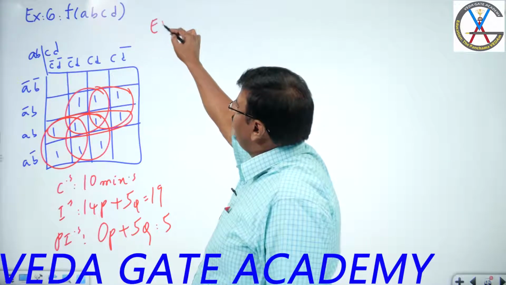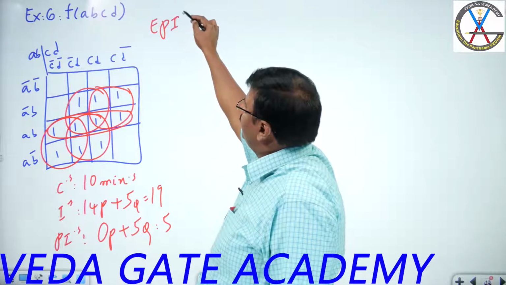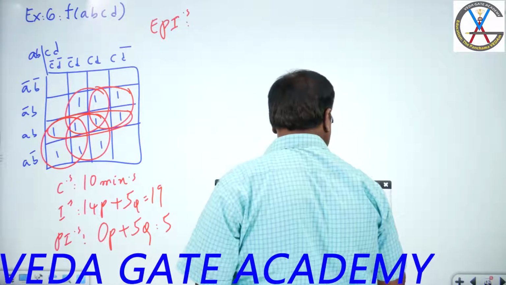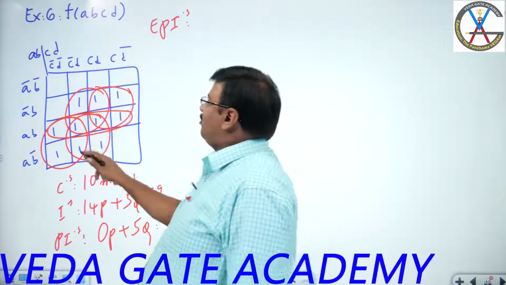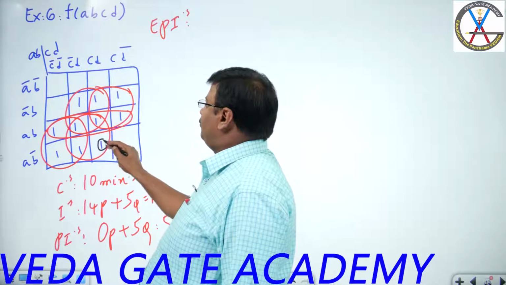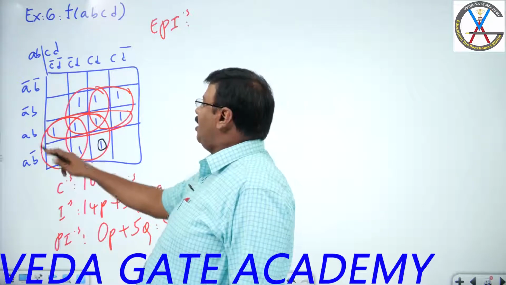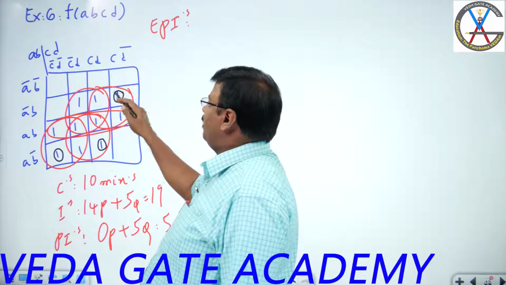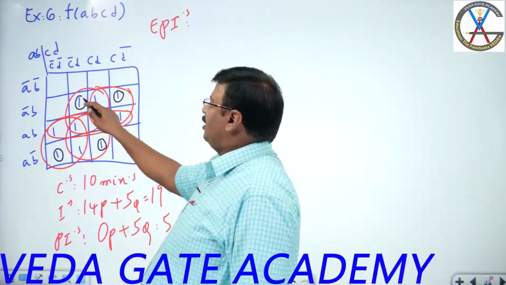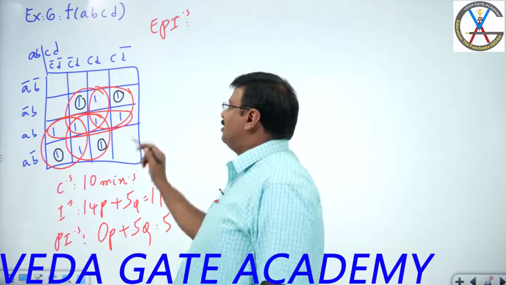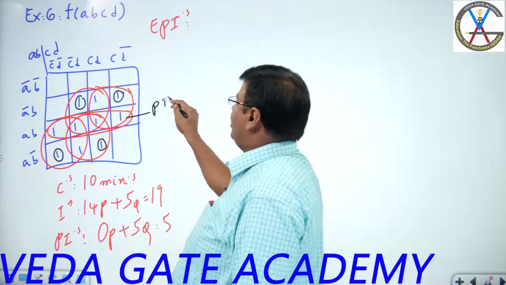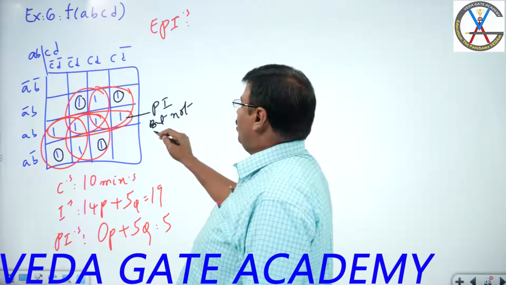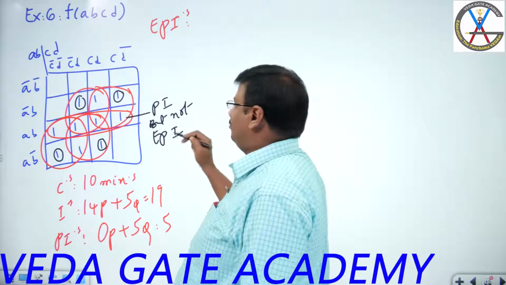Now the essential prime implicants. Just try to note down the uniqueness here. This quad is unique by this term, and this quad is unique by this term, this quad and this quad as well. So 4 are unique. The center quad is a PI but not an EPI, because it has no unique term.